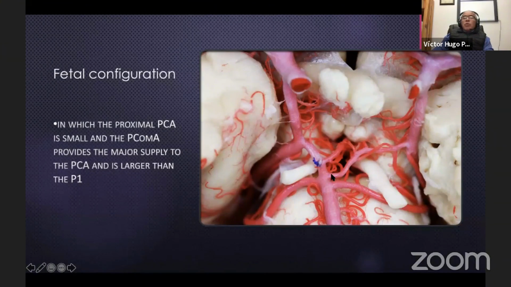Here we have another variation in the anatomy of these beautiful arteries. This is the posterior communicating artery, and this one. Both of them are fetal configuration, and this is a very long P1 on the left side of this brain.